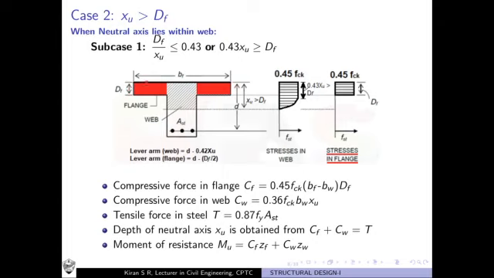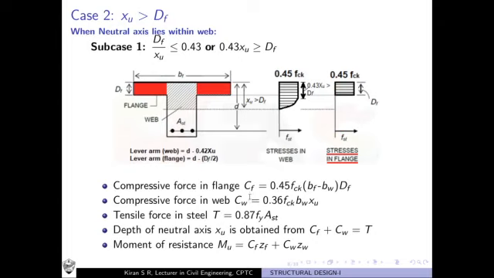Okay, so why did we come to that? This is the flange, the diagram for flange. The compressive force is acting at midway here. Midway here means it is at a distance of df by 2 from the extreme end, and you know that this much is d, and d minus df by 2 will give you the lever arm for flange.